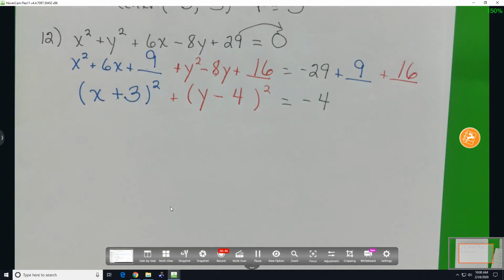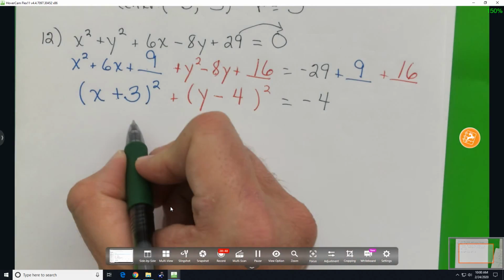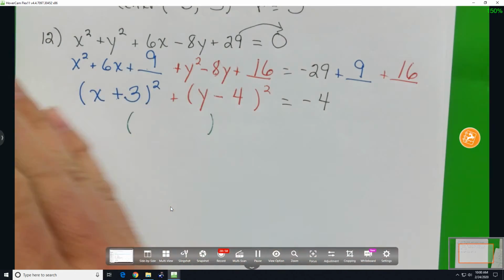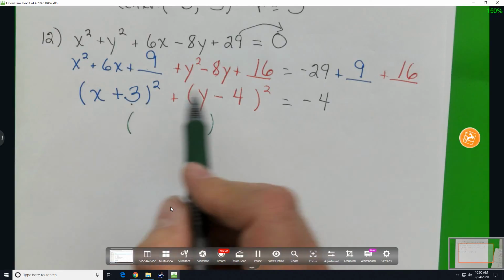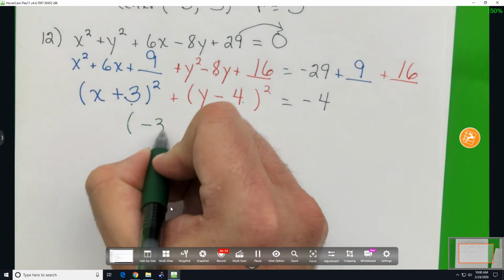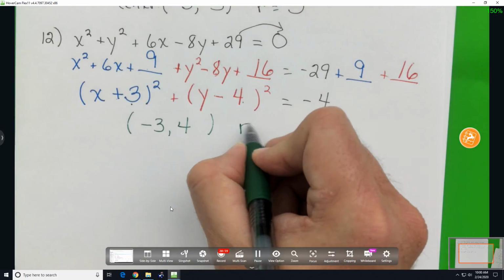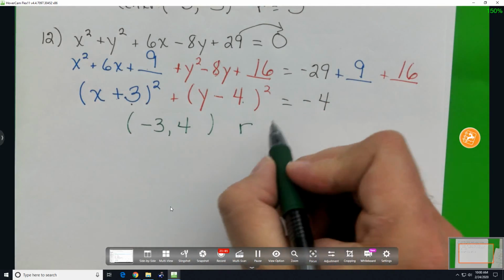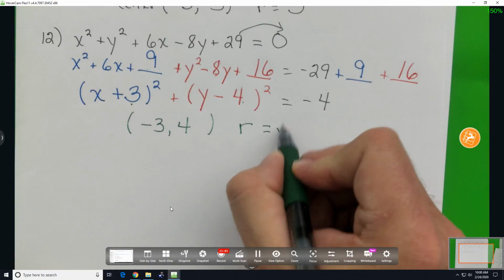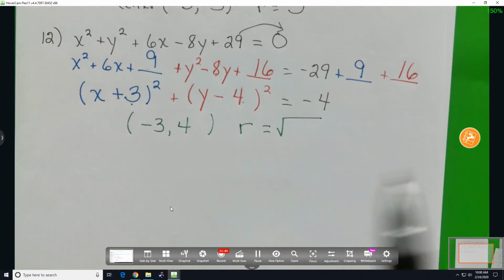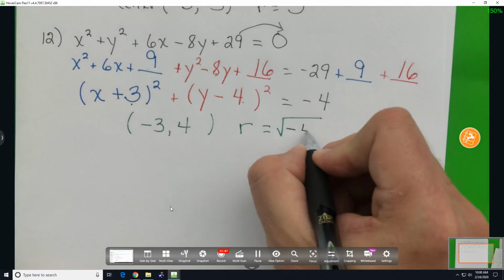Normally I find the center first. So my habit is to work left to right, change the sign. But maybe I should make a habit of always doing the radius first, because what are we getting as this radius? What's the square root of negative 4?